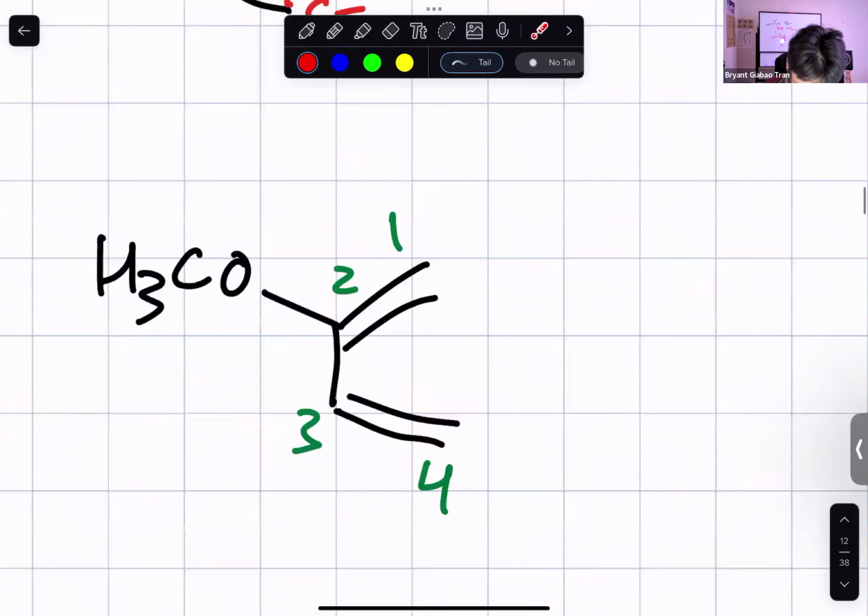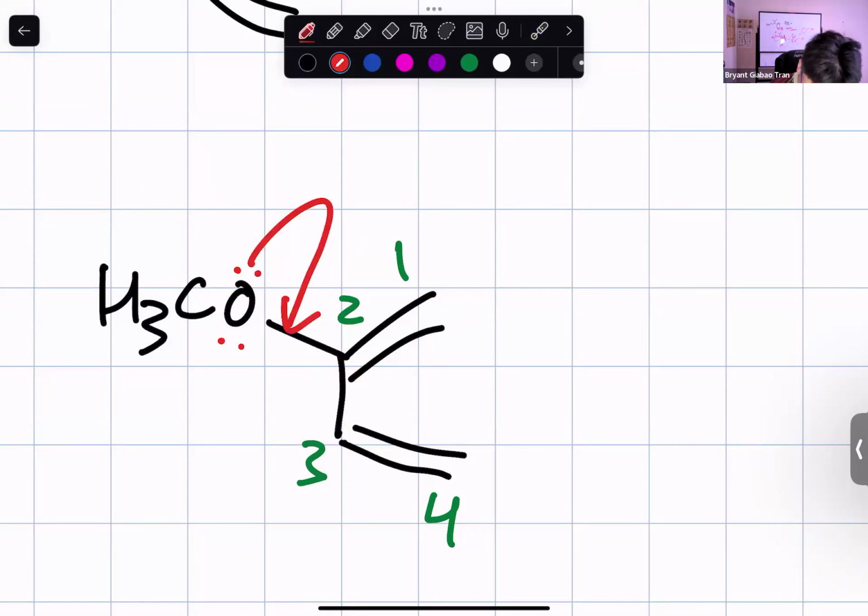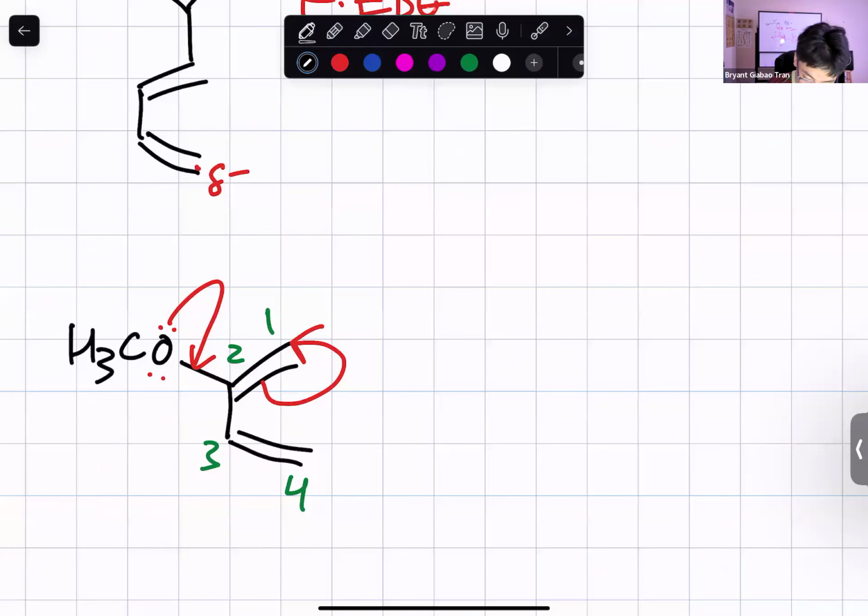But in this case, the EDG is not on the end. It's in the middle of the diene. So when I draw the resonance structure and go down, where would this double bond go? Yeah, it would be 1. Let me draw out the resonance structure, because this is new. If the EDG is in the middle, we go down, and that pushes this double bond onto atom 1, the nearest atom, instead of the furthest atom.